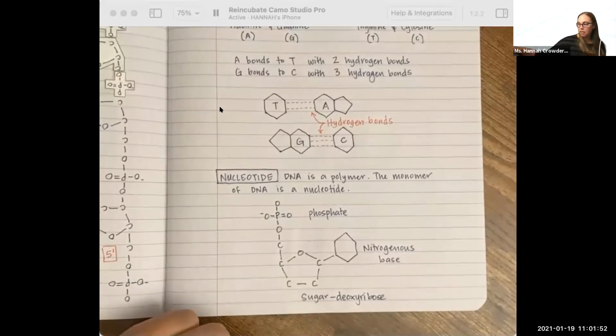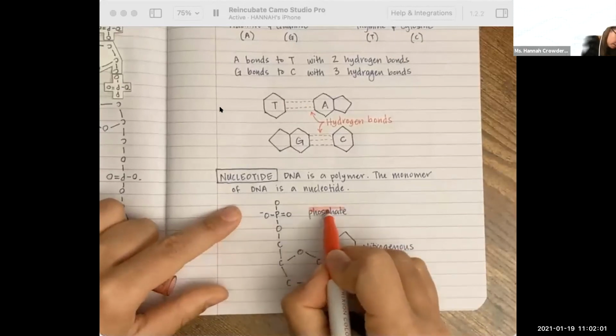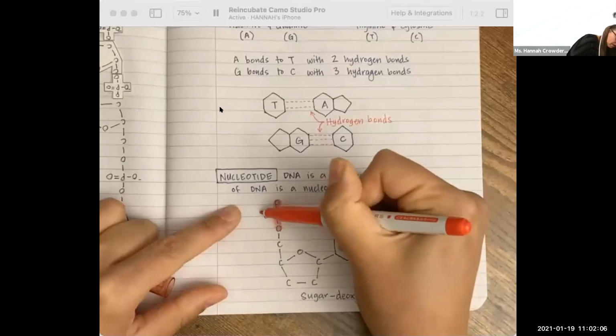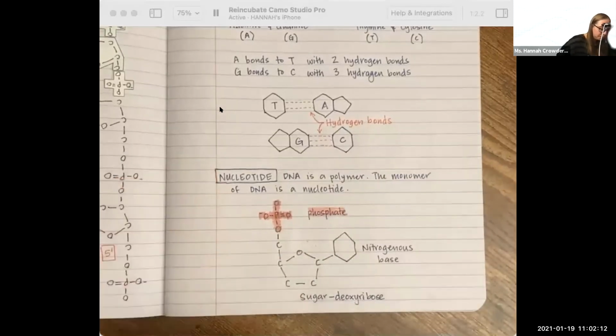I'm going to use some markers to color this. So let's make my phosphate red. I'm going to make my sugar blue.